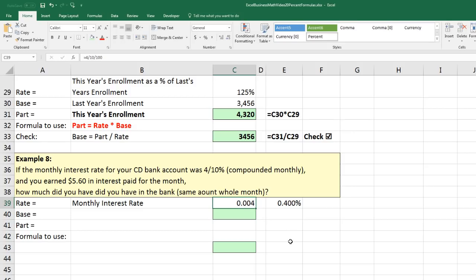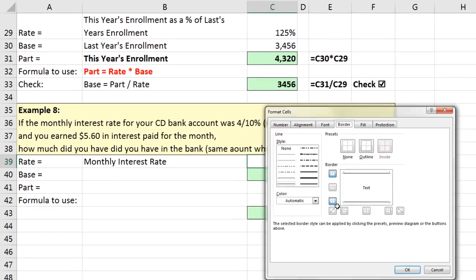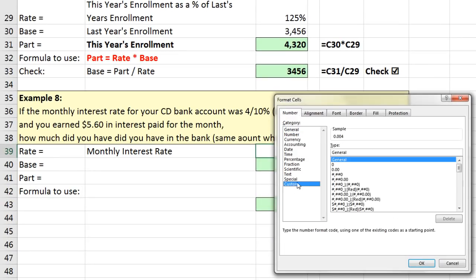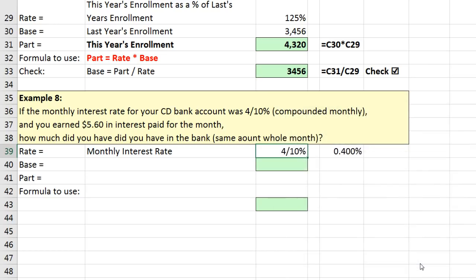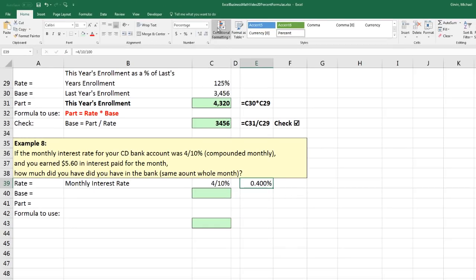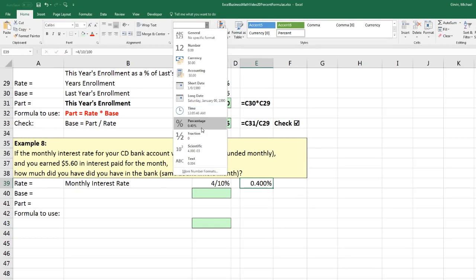Control-Enter. Now I want to add a formatting. Control-1. Number down to custom. Question mark slash, and I want tenths, so I type 10 in the denominator, question mark, and there's the 4/10. Click OK. You could also, as you see here, I entered that number and simply use the drop down up here.